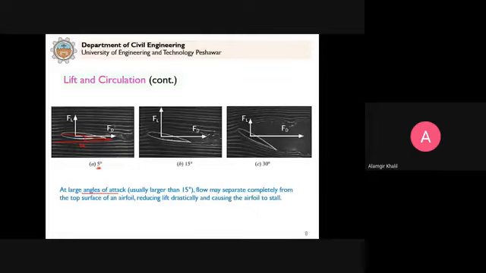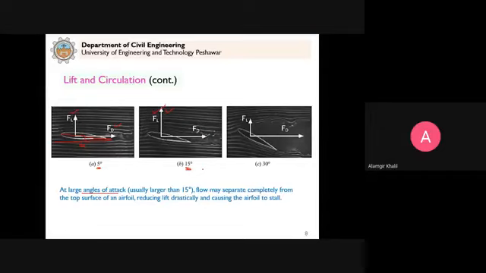You can see here that on this object the drag force and the lift force are developed, which we already discussed. Now we know how these forces are developed and how we can calculate them. When you increase the angle of attack, you can see that the drag force is increased. You see here the size of the vector is greater than here. If this is 15 degrees, the lift force is increased. Should we increase it more and more, will the lift force keep increasing?